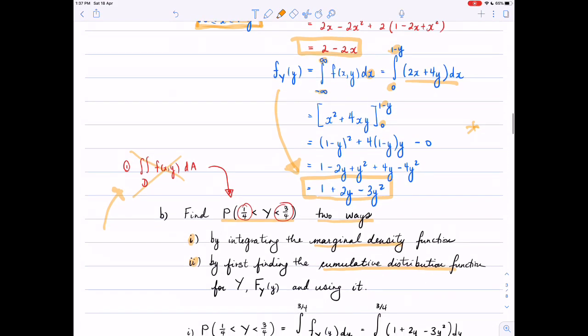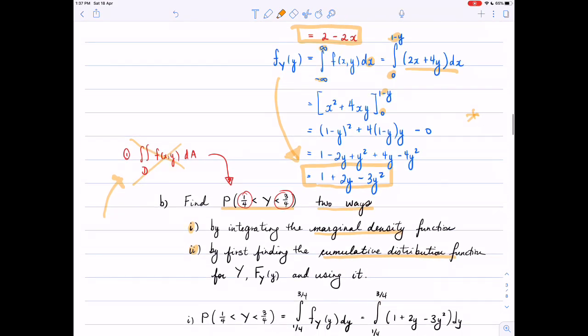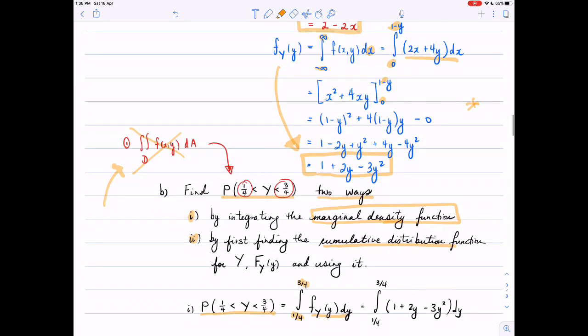So if we are going to be using the marginal density function, then we are integrating exactly as you would in a single variable case. So the probability that 1/4 is less than y is less than 3/4 is the integral from those bounds of the density. That's it. That's what you would have done in your first variable case.